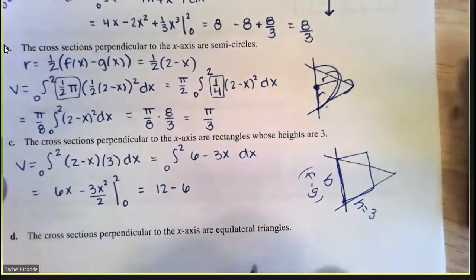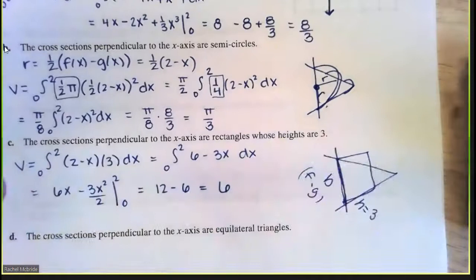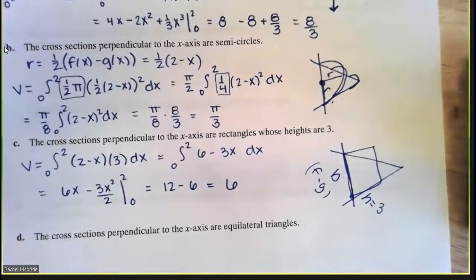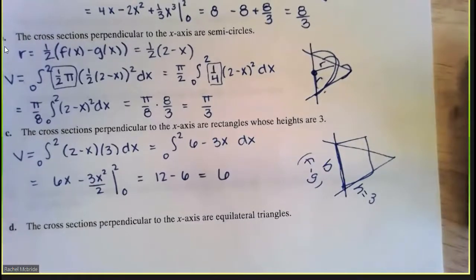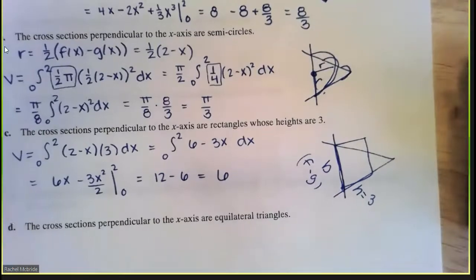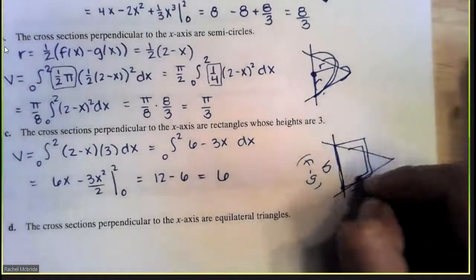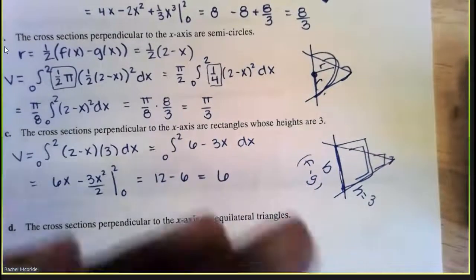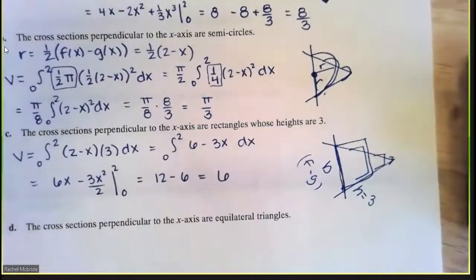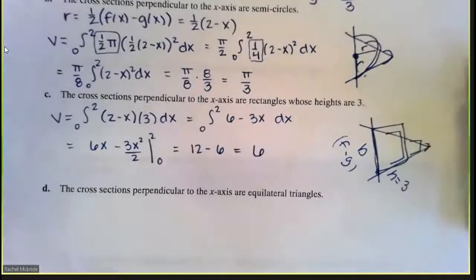And then 0, 0. So the volume of the cross section with rectangular cross sections is 6. So again, you have a whole bunch of rectangles going down. And what's happening, each rectangle is getting a little bit smaller until you get to that end.